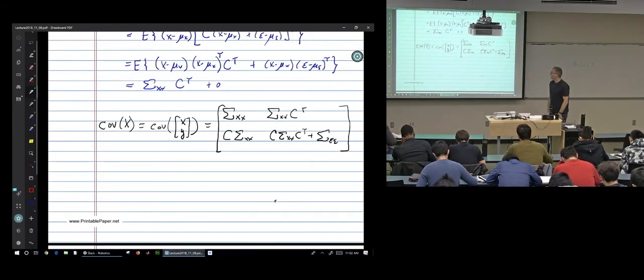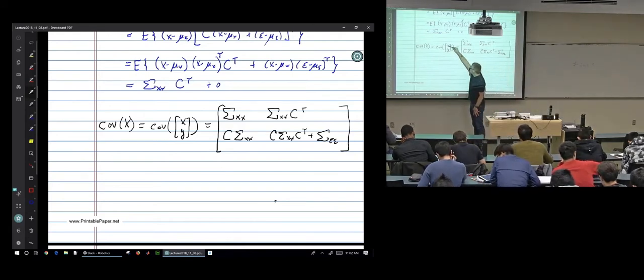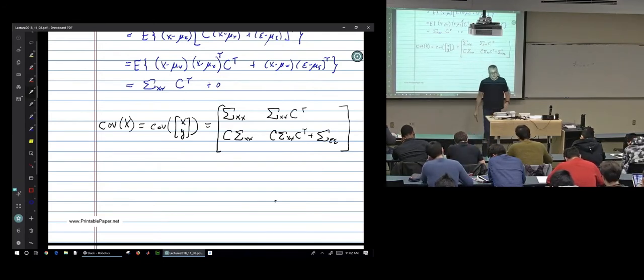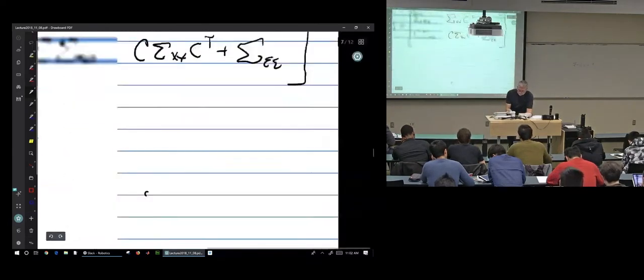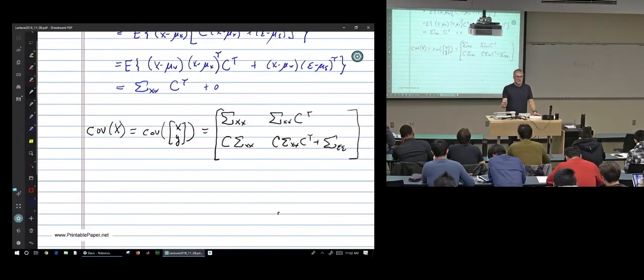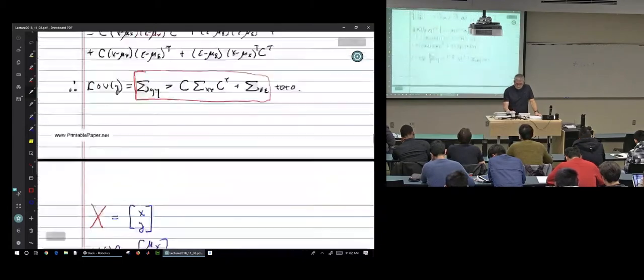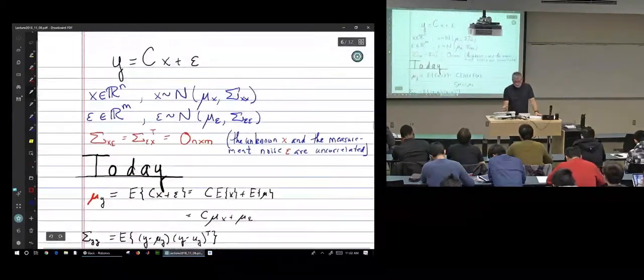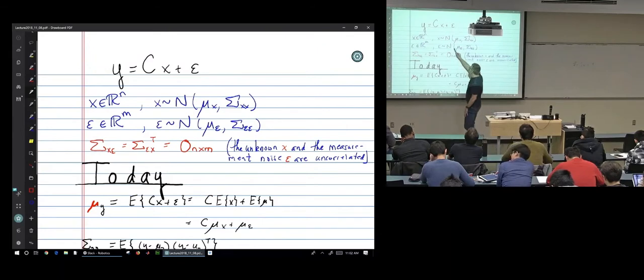Okay, so now we know all of the statistics of this joint vector, where x is unknown, something in Rn, and then our measurement process, y equals Cx plus epsilon. Okay, are we good? Here's our problem. We know initial data on the uncertainty we have in our robot's position.